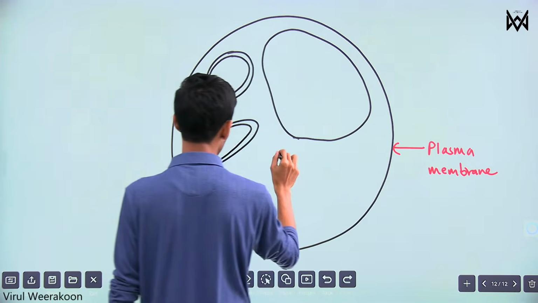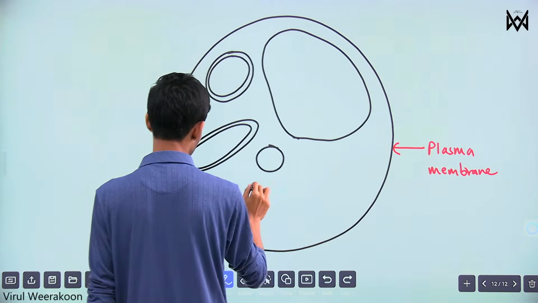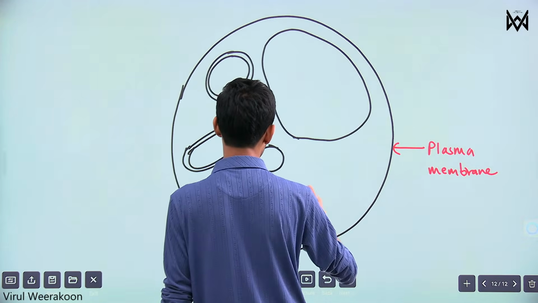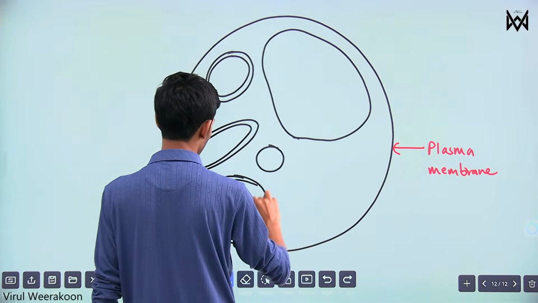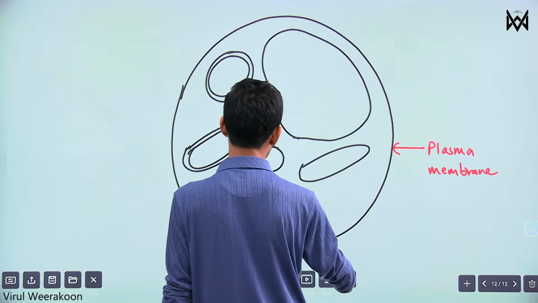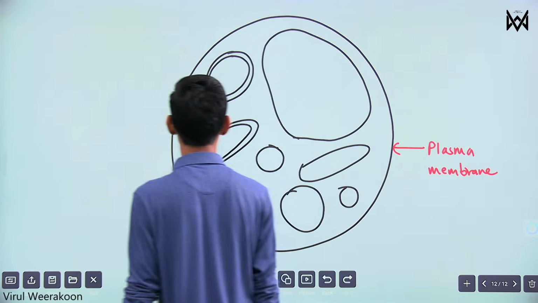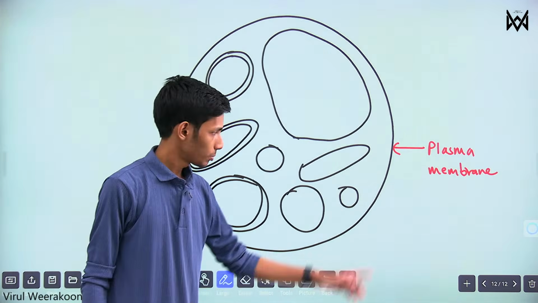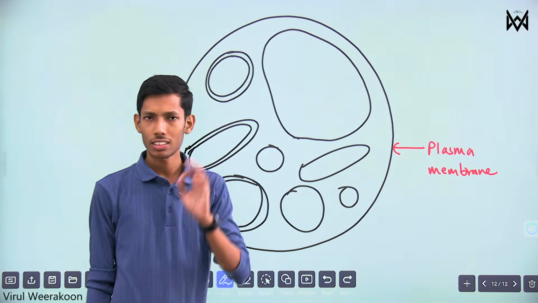Then double membrane bounded organelles like this again, and then single membrane bounded organelles like this, several kinds of organelles. Now here, see, the plasma membrane has a unique structure.